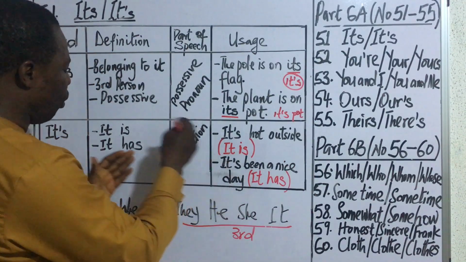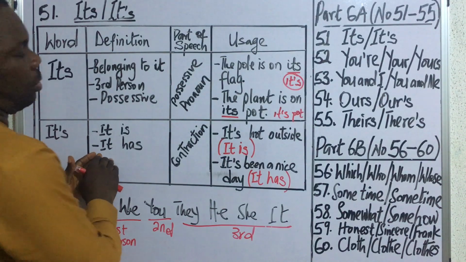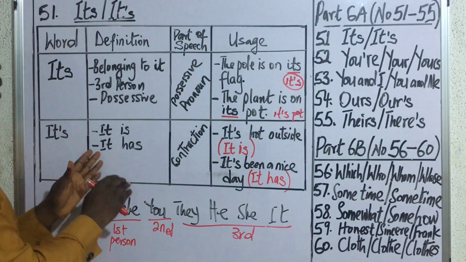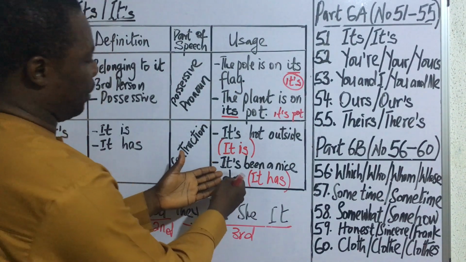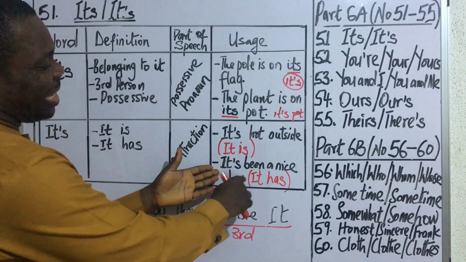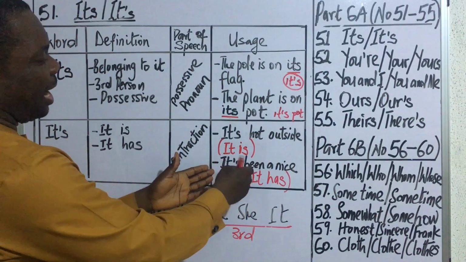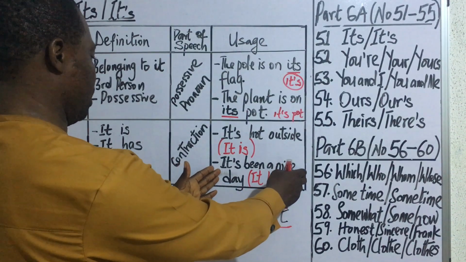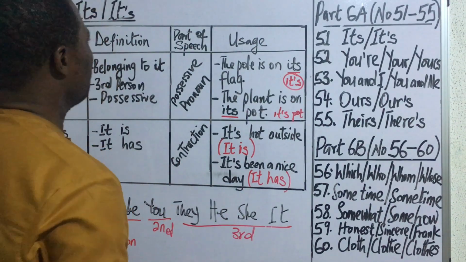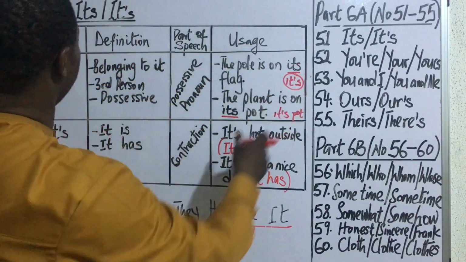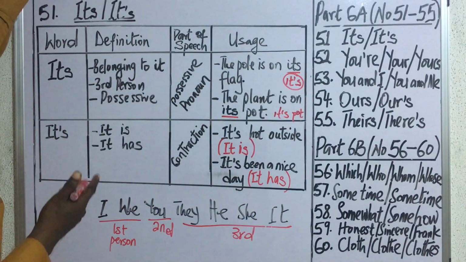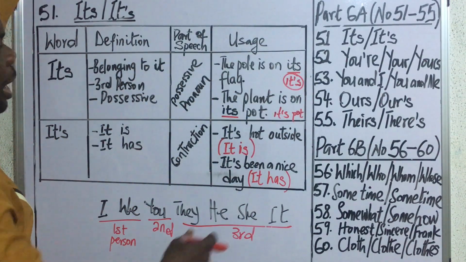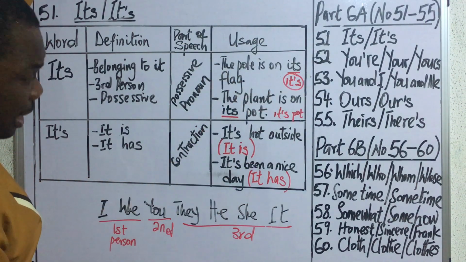So it has to go to the second version of the meaning of the word, and it will now read as it has been a nice day. All right, so that is the way this expression should be read. So that is that about the meaning of these words, the part of speech to which they belong, and the use of the words in expressions.